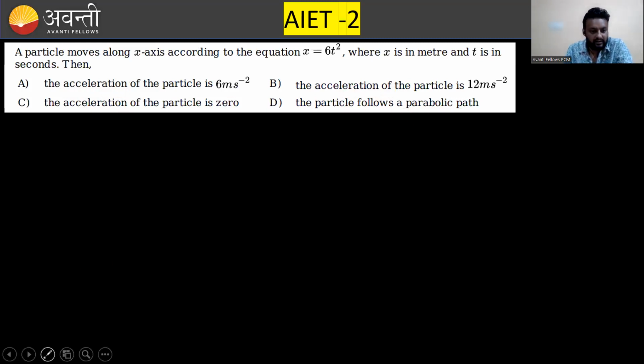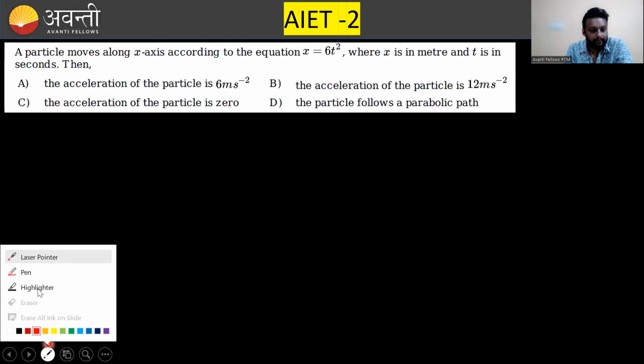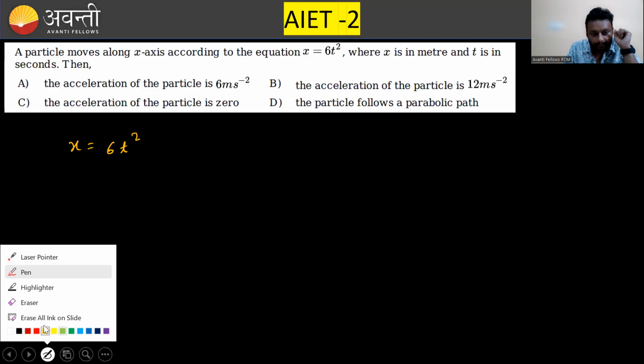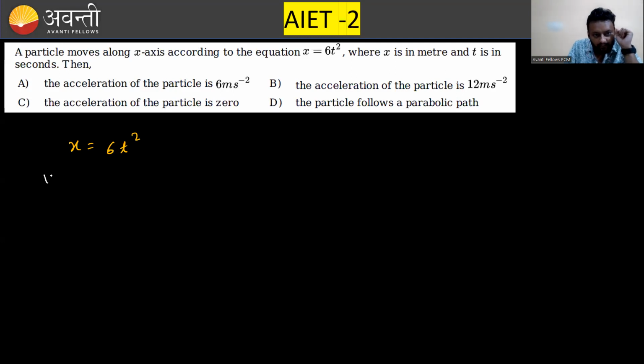So I will start by calculating the acceleration. Position is given as x equals 6t squared. Now everybody knows that velocity will be dx over dt.